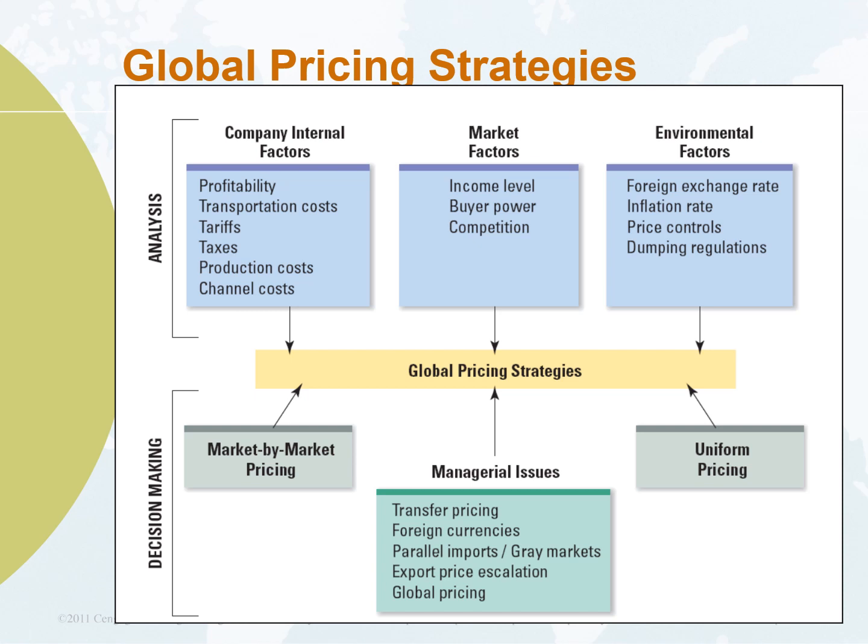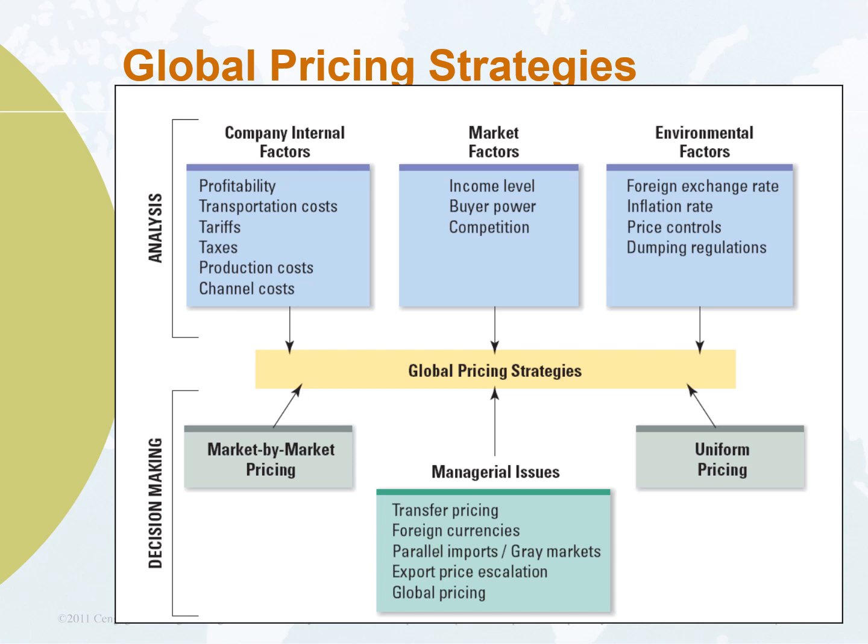Then there are the market factors: income level of the people in the country, buying power, and competition. Environmental factors: foreign exchange rate, inflation rate in the country, price control mechanisms in the country, and the anti-dumping regulations that all affect your global pricing strategies.